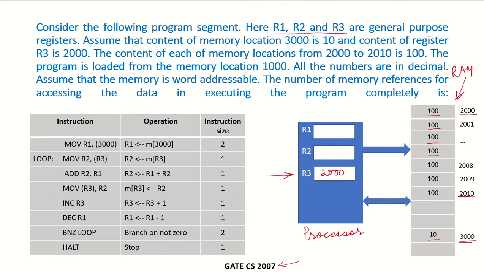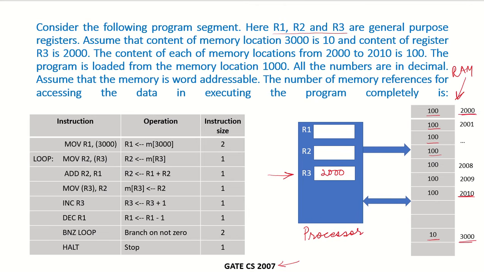The program is loaded from the memory location 1000. So the program counter will contain the memory location 1000, and one by one the instructions will be coming and they will be executed. All the numbers are in decimal. Assume that the memory is word addressable.